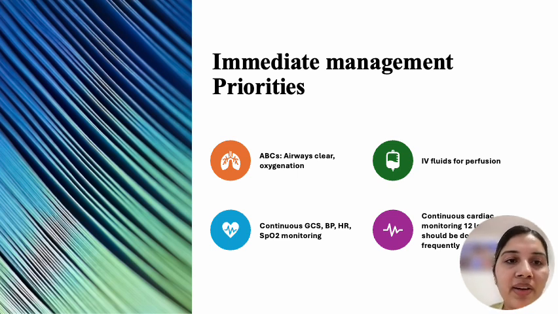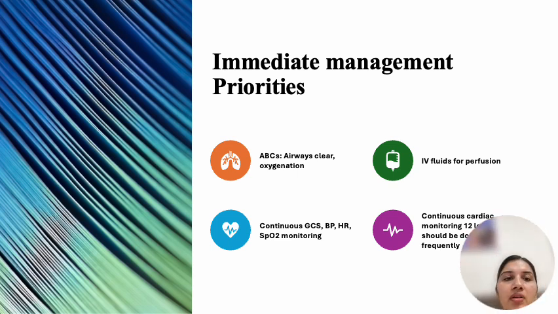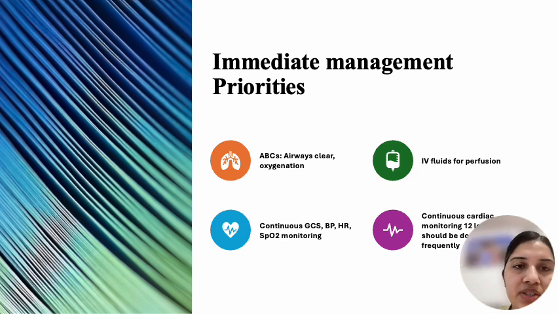Immediate management priority. First of all, we need to manage ABC: airway, breathing, and circulation. Her airway was clear, and we need continuous GCS, BP, heart rate, and SpO2 monitoring.